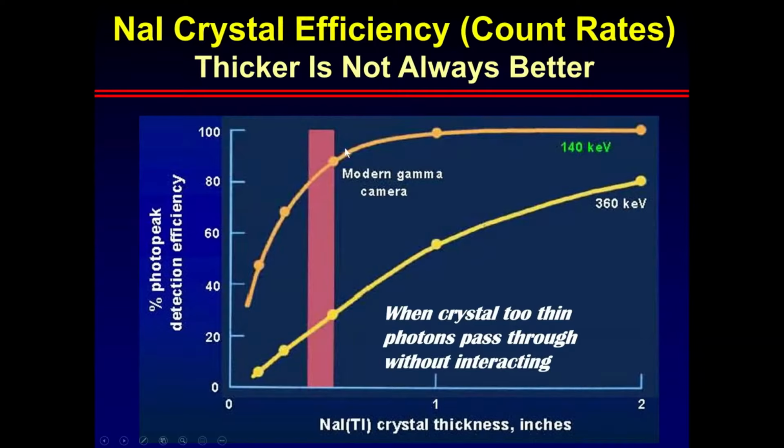There's an optimal thickness of the crystal, after which you don't get much more benefit in terms of ionization. Since crystals are quite expensive to manufacture, we try to use the least thick crystal possible to get the maximum amount of ionizations with any given radio tracer. That's also a very important concept to remember.